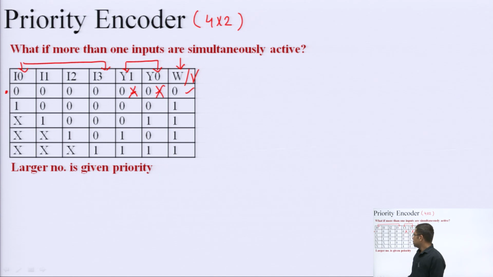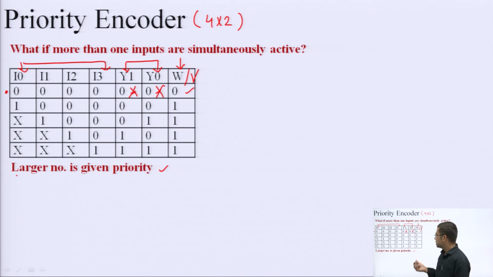Now, if I am giving priority to the larger number, then if I3 is high, whatever the values of I0, I1 and I2 are, they will not affect my output. That means, in that case I will be getting the binary of I3, corresponding to 3, the output should be 1 1.